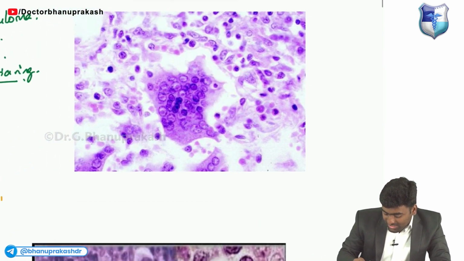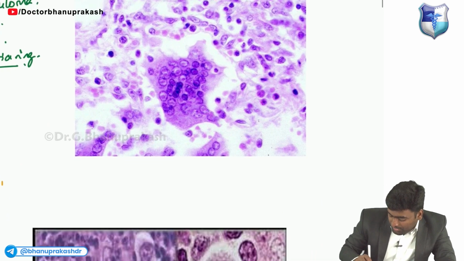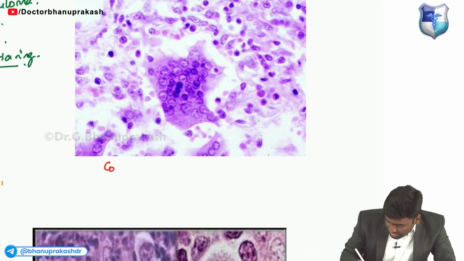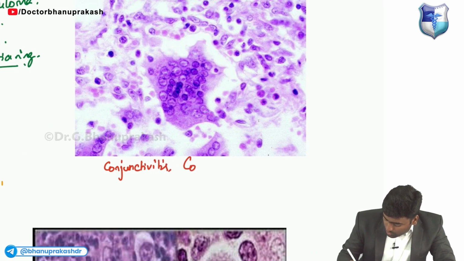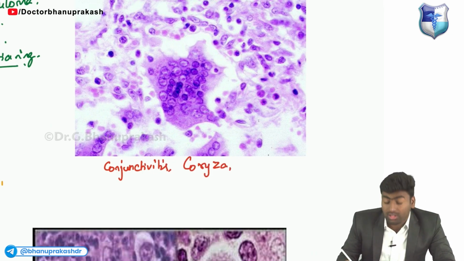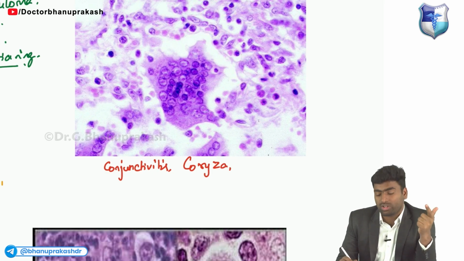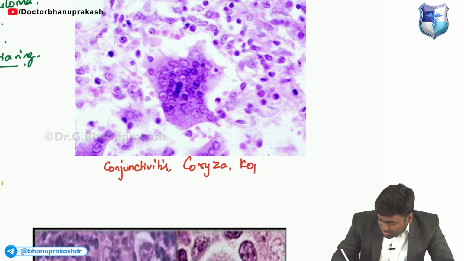And next, you see a child with clinical features of conjunctivitis, coryza, and the presence of Koplik's spots. Yes, I am getting the answer.